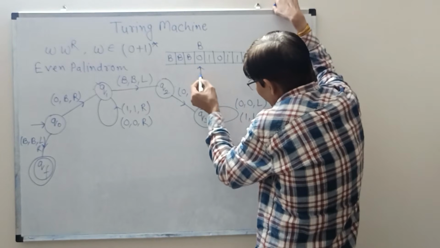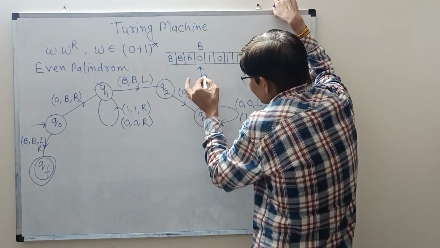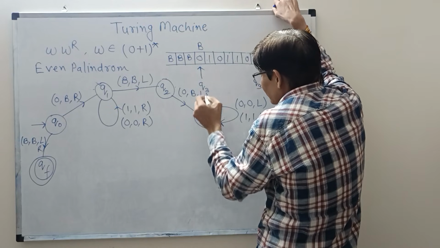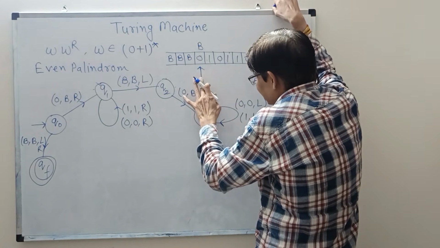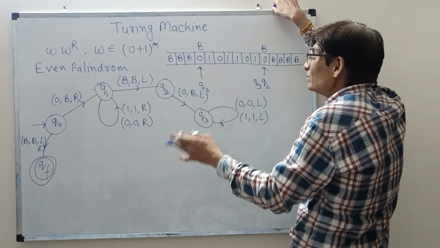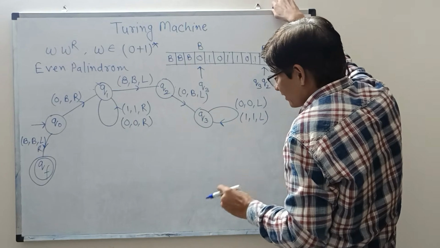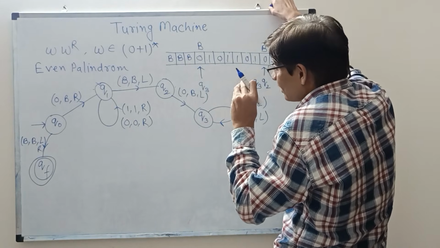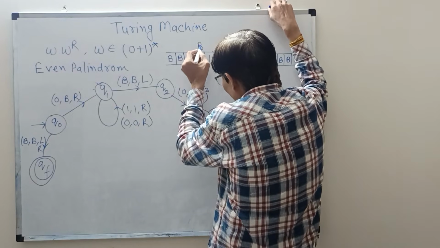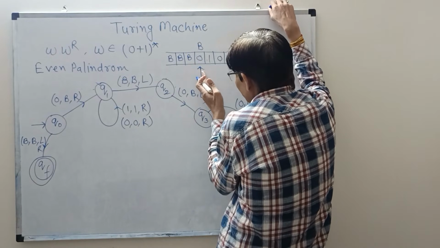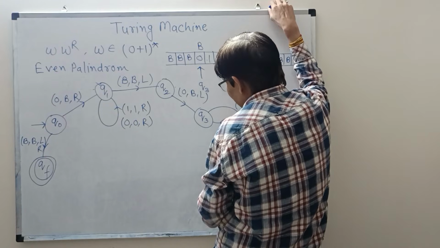Now, whenever you are on Q3, you will get this blank here. So whenever you are getting blank on Q3, you will leave it as it is, but you will change your state and you will change your direction of movement. Whenever you are getting blank on Q3, you have to start moving towards right again.